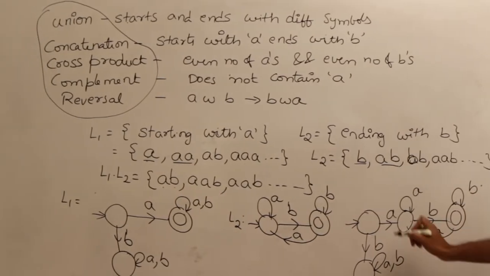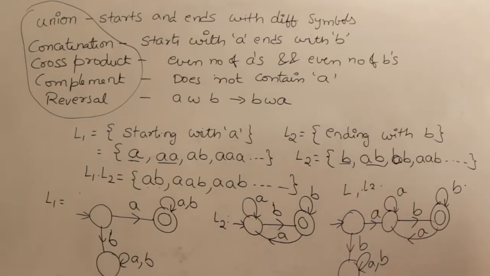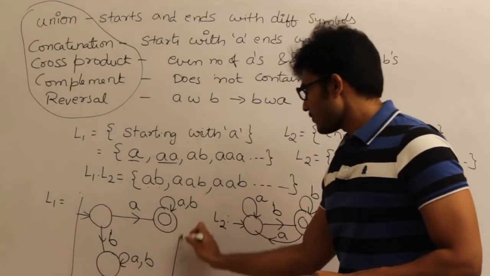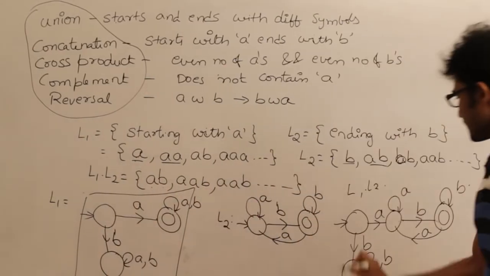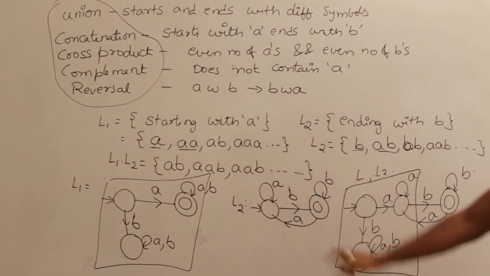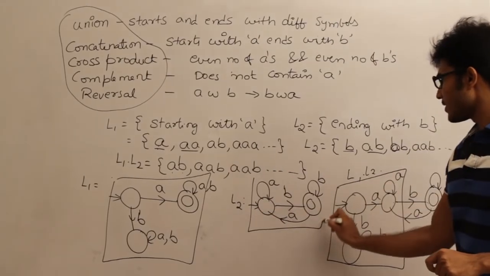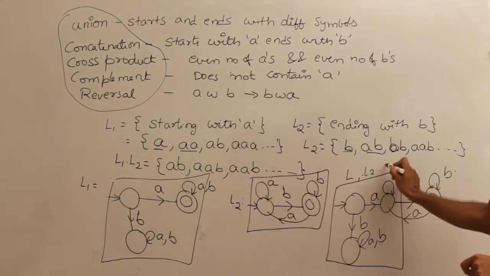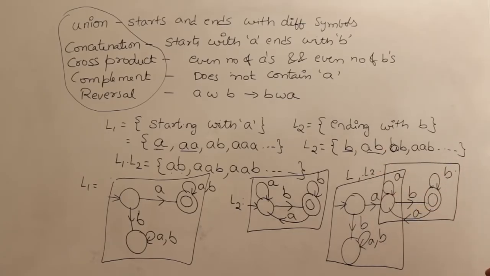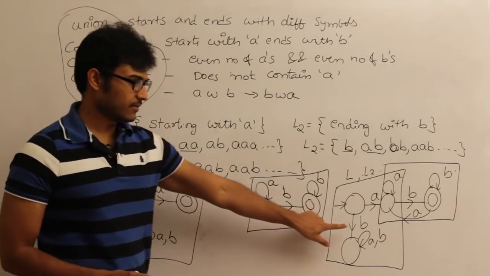Now if you look at this diagram, L1, L2 and L1 concatenated with L2, you can observe one thing. This entire part of the DFA is present here. Check the similarities, and this entire part of the DFA is present here. Just observe this one.